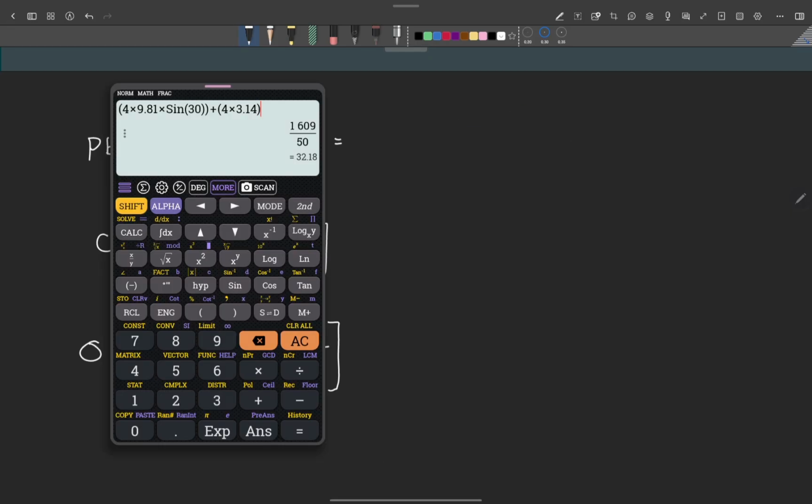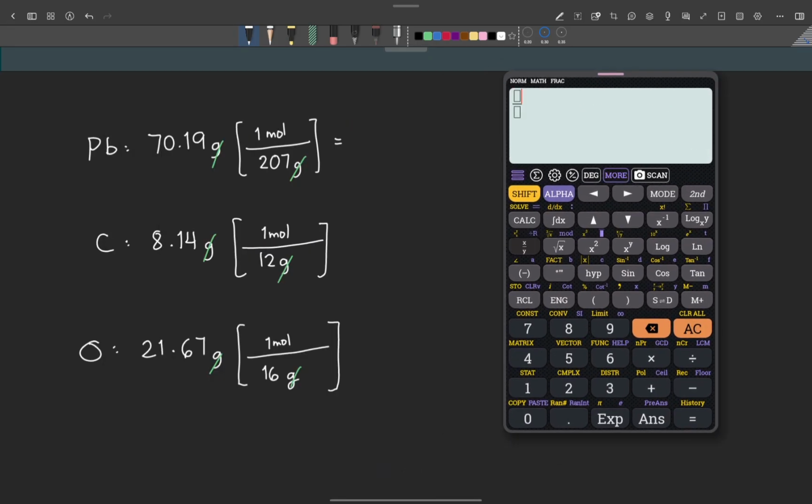I think I have calculator here. So that will be 70.19 divided by 207. This time, let's have four decimal places. So, 0.3391 mole.